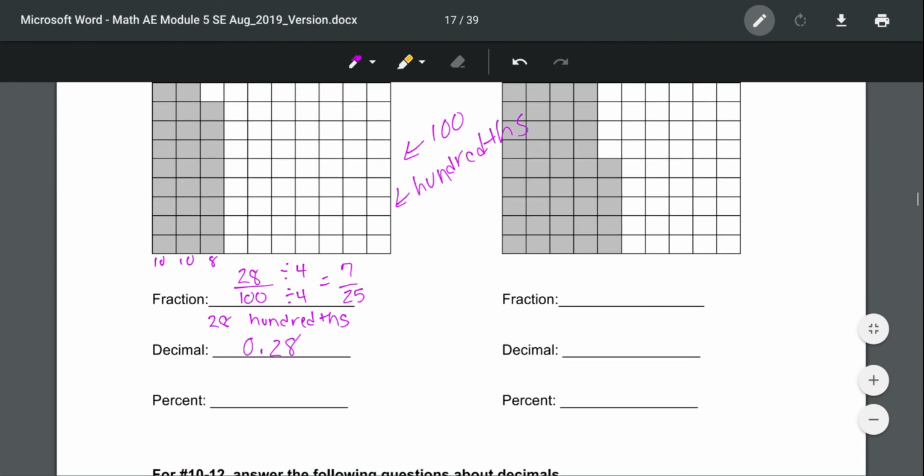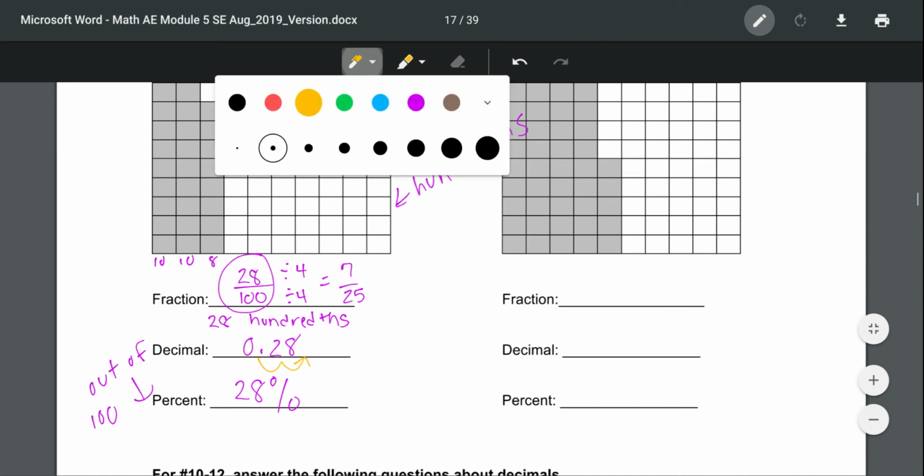And as a percent, you have 28 out of 100 squares. Remember, percent means out of 100. So if you have 28 out of 100 squares, that means you would have 28%. And if you don't remember that, you can also move the decimal point 2 places to the right and convert the decimal to a percent in that manner.